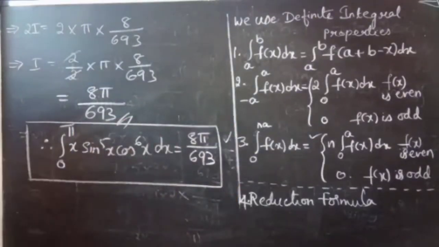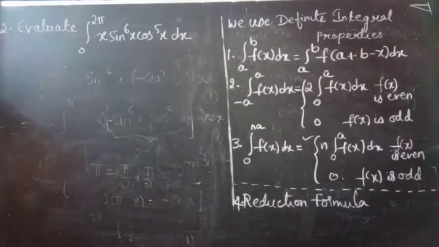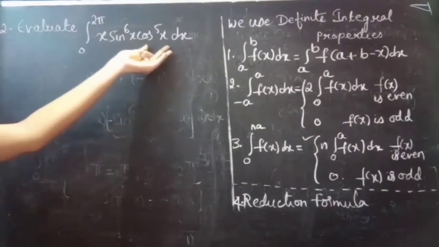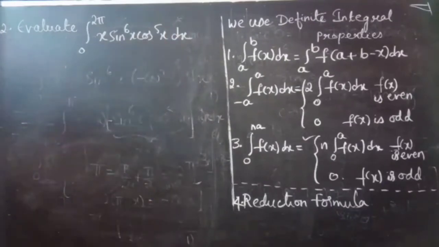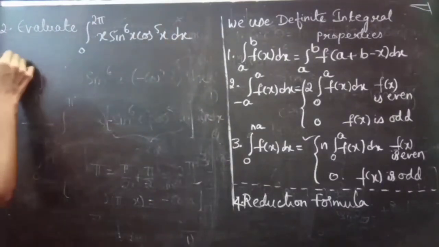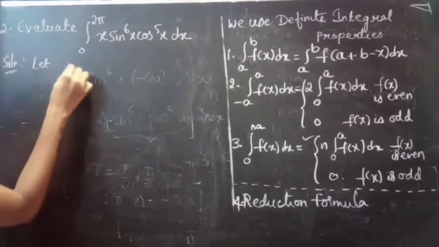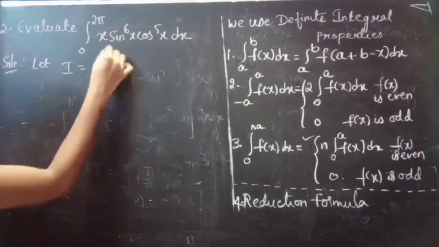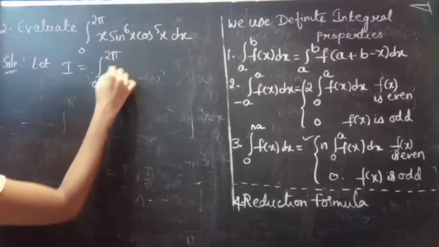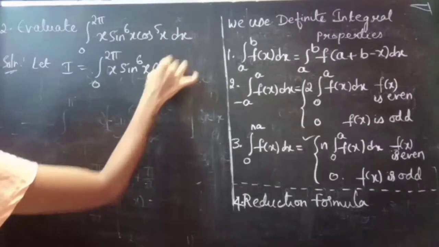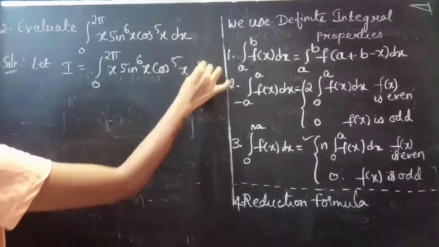Okay. Next. Second problem, evaluate the integral from 0 to 2 pi of x into sin^6 x into cos^5 x dx. Solution. Let I equal the integral from 0 to 2 pi of x sin^6 x cos^5 x dx.